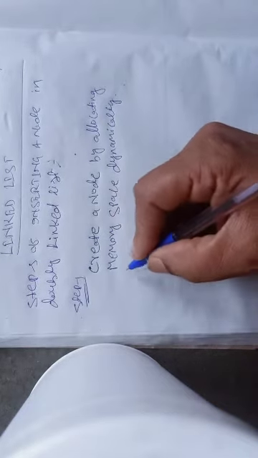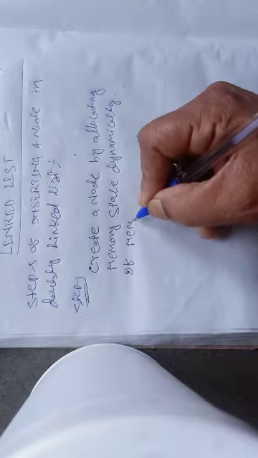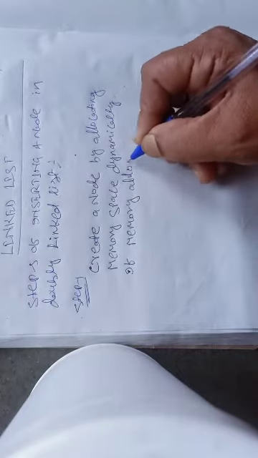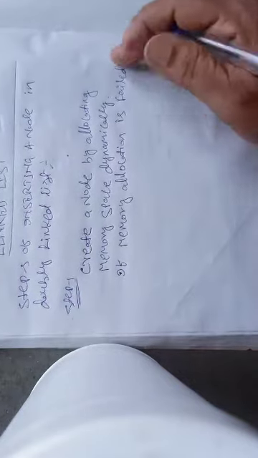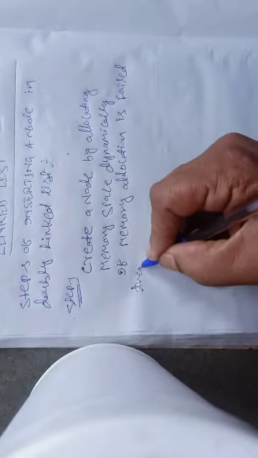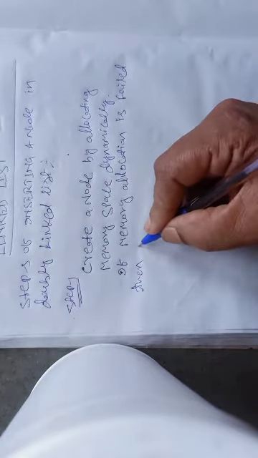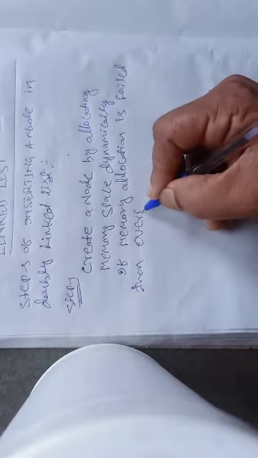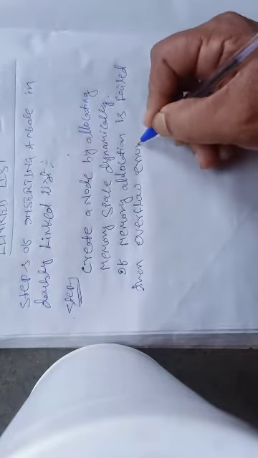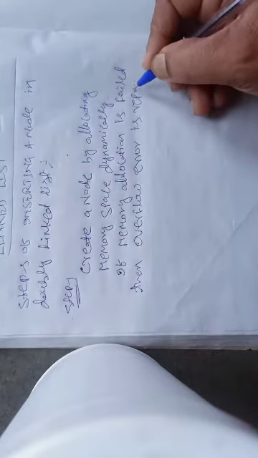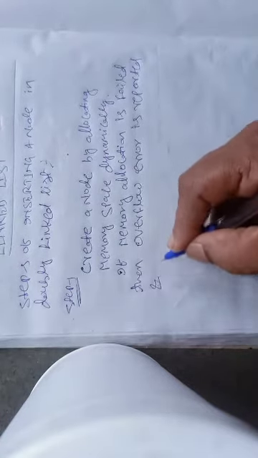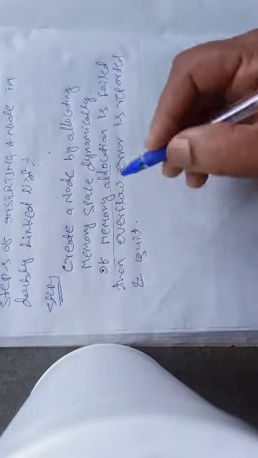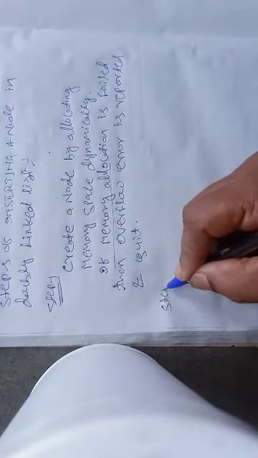So in the same step, if memory allocation fails, if allocation could not occur, then an overflow error is reported and quit. Because when the memory allocation could not happen, then we have to quit. Otherwise, if memory allocation is successful, you go to step 2.